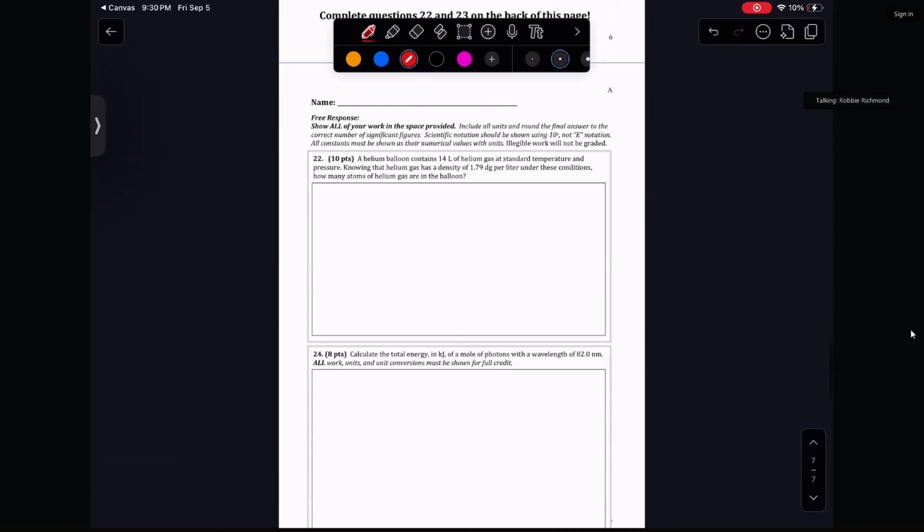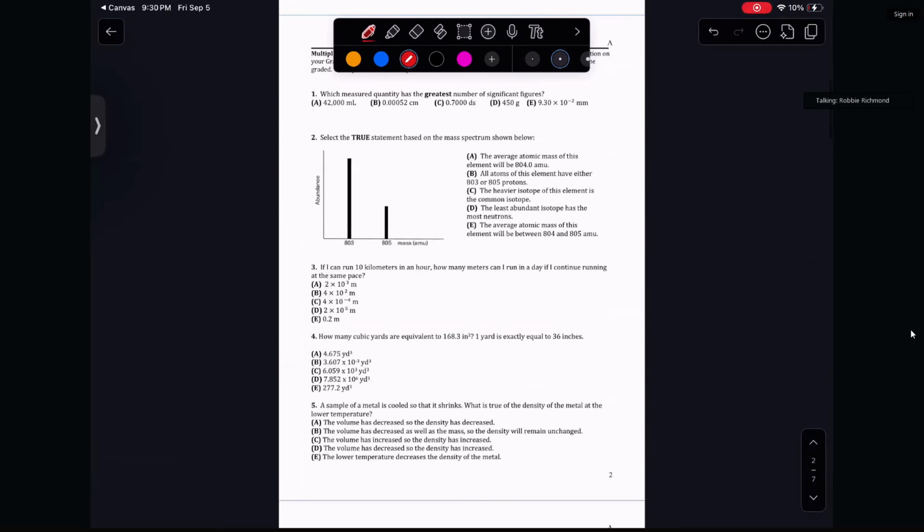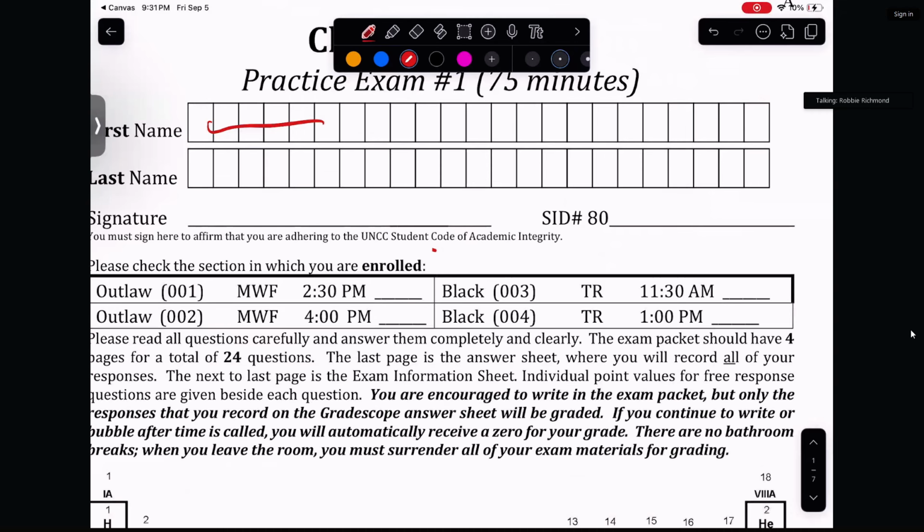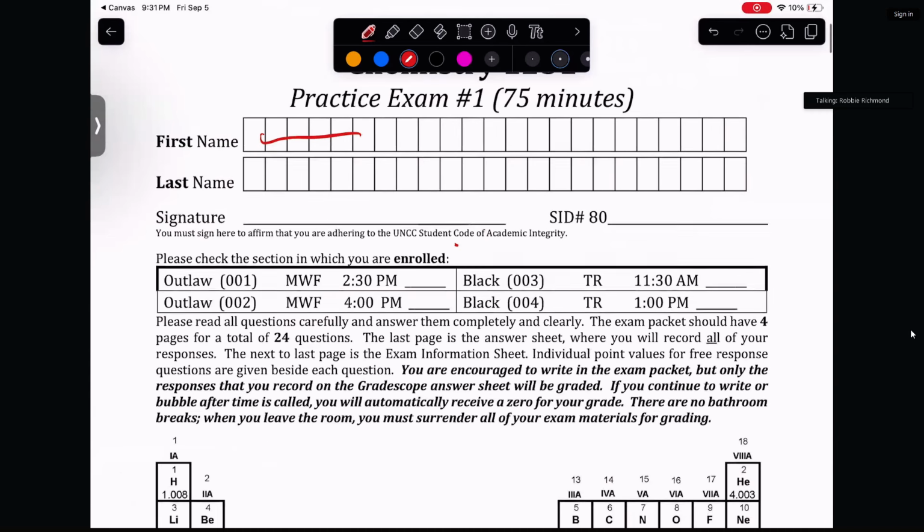Just a little bit of logistics. First name: please put your first name that shows up on DegreeWorks. Last name, signature, student ID number. Please memorize this, so you're not like, oh man, I forget, because that did in fact happen to me my freshman year, and that was a little embarrassing.